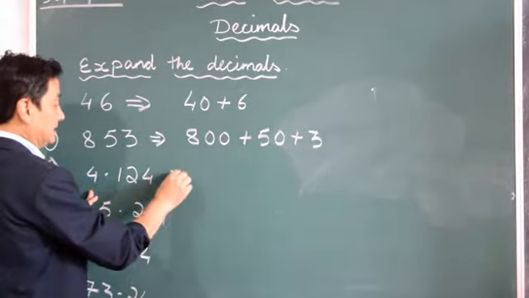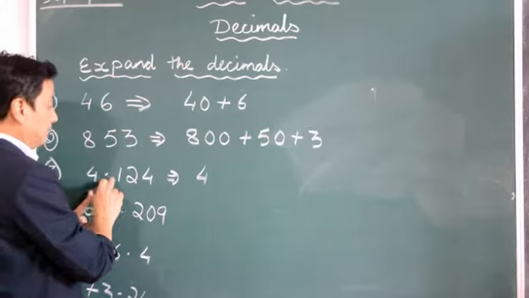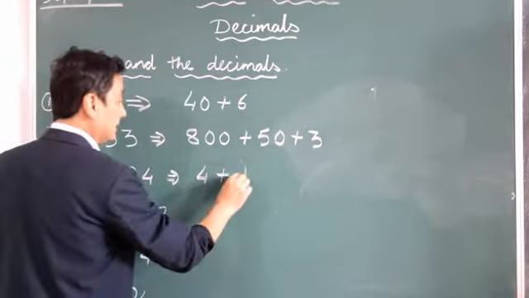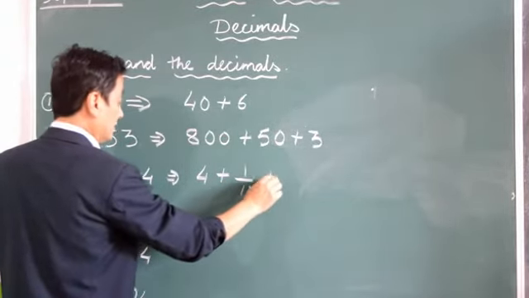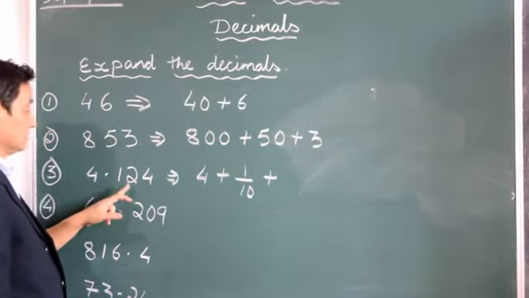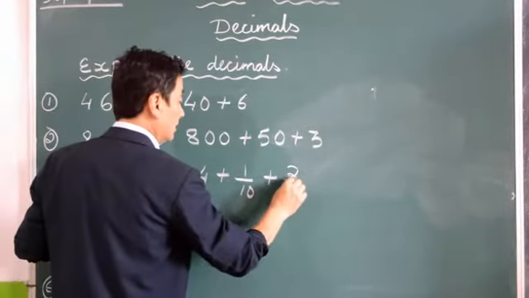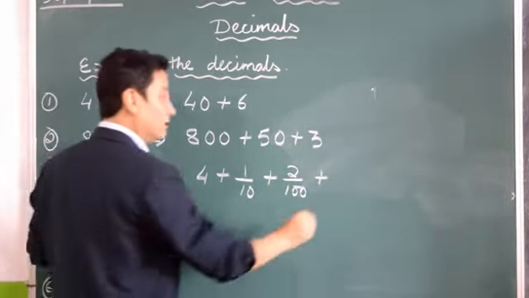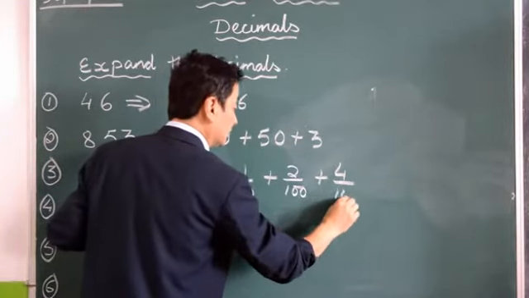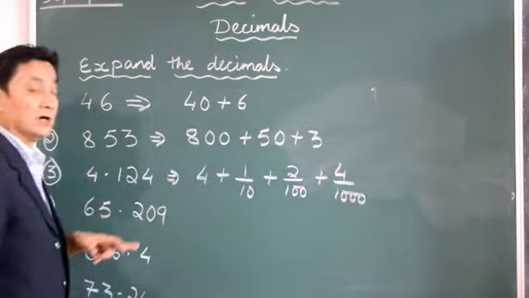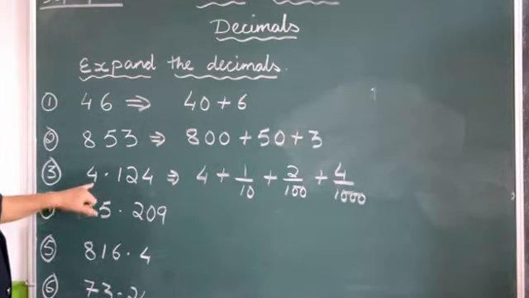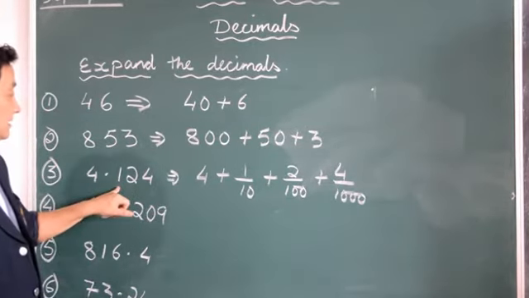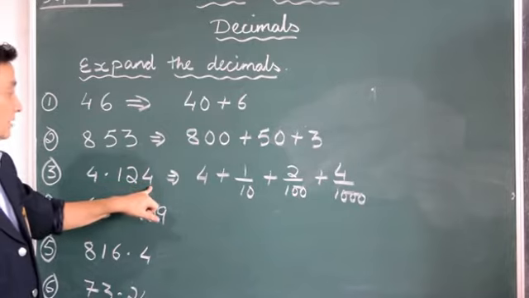When you expand this 4, as you see the decimal point, plus, what is the place value of this? 1/10, 2 hundreds, very good, 4 thousands. There's only ones, so 4 ones, plus 1/10, 2 hundreds, 4 thousands.